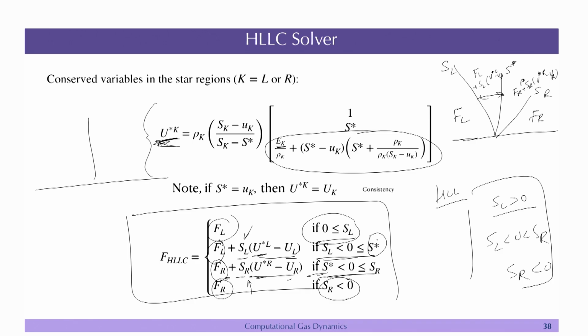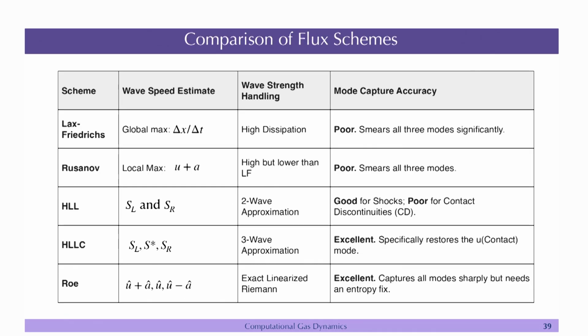So, this is an improvement over HLL solver, and we can see that this is a very stable solver, and works in a wide variety of cases, and it can also predict the contact discontinuity like the Roe scheme. Okay. Yeah. So, this is a comparison of all flux schemes. In Lax-Friedrichs we are using the wave estimate, the lambda was just 1, which was global max, and it was giving high dissipation.